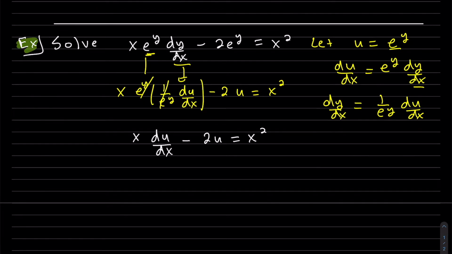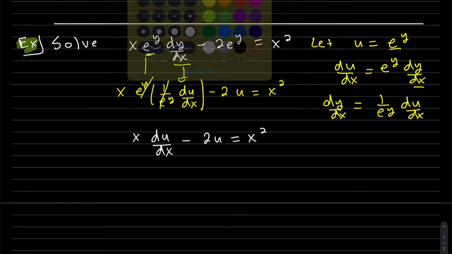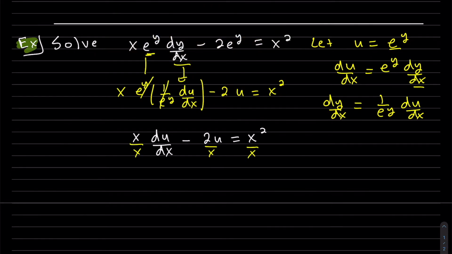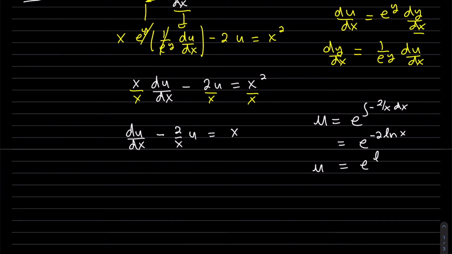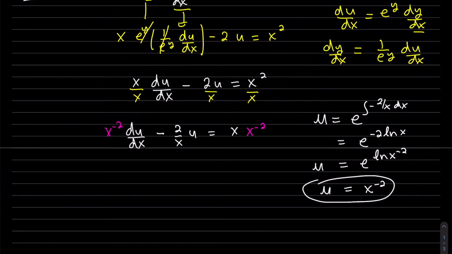I'll have to divide everything by x. Our integrating factor, u. Multiply through by your integrating factor.